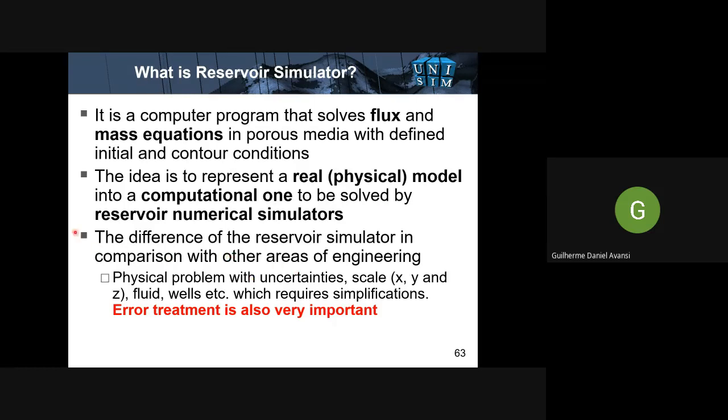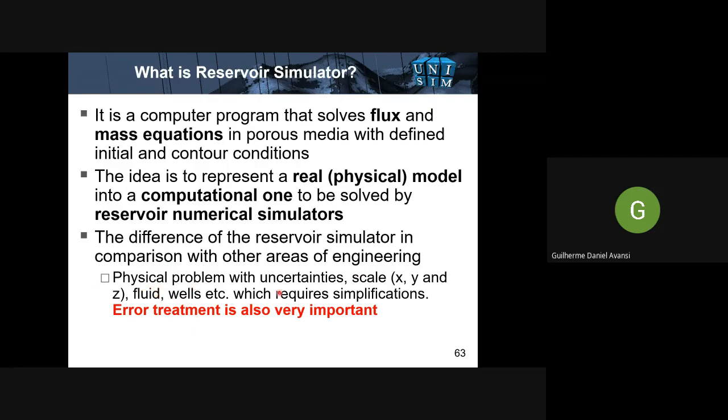So what is the difference of reservoir simulation compared with other areas of engineering? We have a physical problem with uncertainties because, as I said, we don't know the reality. We have the scale, because we're talking about a 3D geological model. It's not just a simple scale. We have fluid, we have wells.